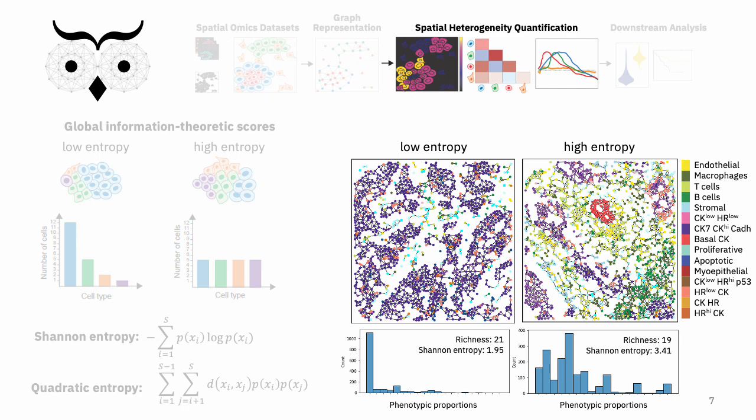But in the sample on the left hand side, the distribution of these phenotypes is very skewed towards one single phenotype, and this leads to the Shannon entropy of this sample being much lower than the one on the right hand side, in which the phenotype abundances are more balanced.